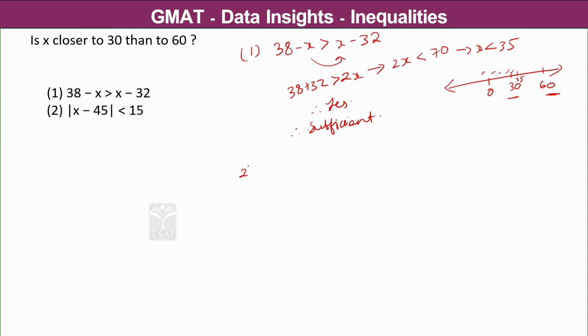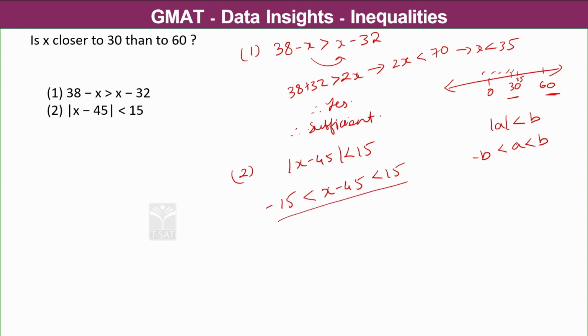Let us look at statement 2. Statement 2 says mod of x minus 45 is less than 15, and we know that whenever mod of a is less than b, that means that a lies between b and minus b. So, therefore, x minus 45 will be between 15 and minus 15.